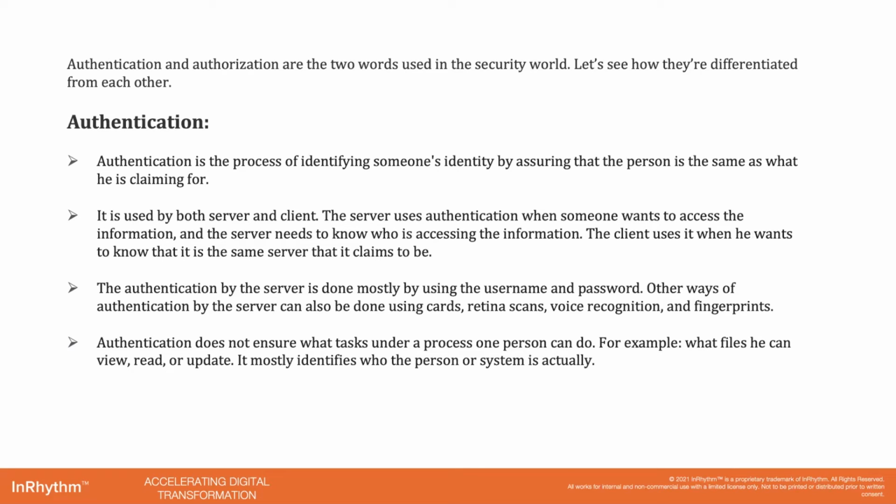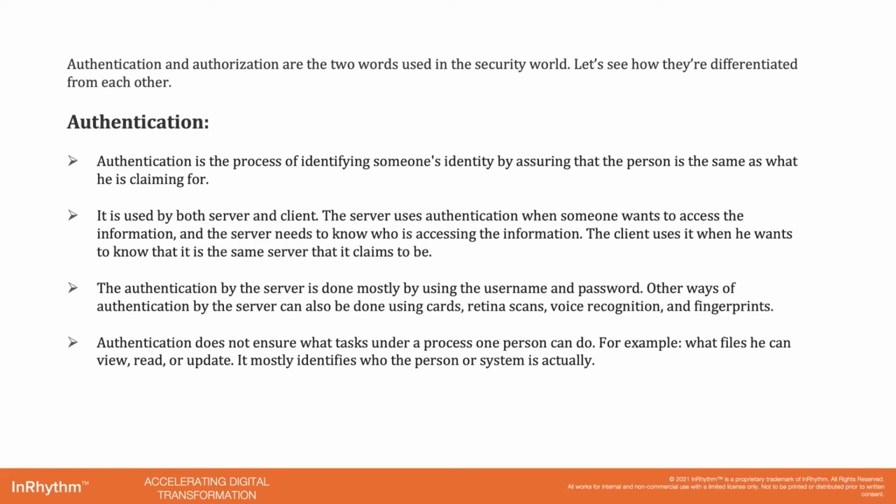So authentication and authorization are two words used in the security world. Let's see how they are differentiated from each other. Firstly, authentication. So what is authentication then? Well, it's the process of identifying someone's identity by assuring that the person is the same as what he is claiming to be.